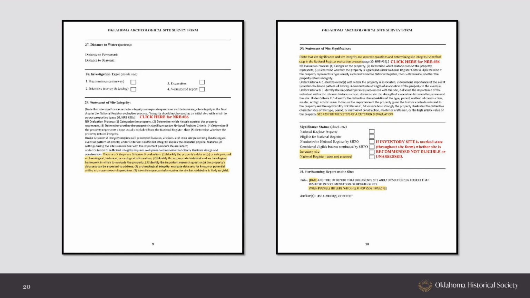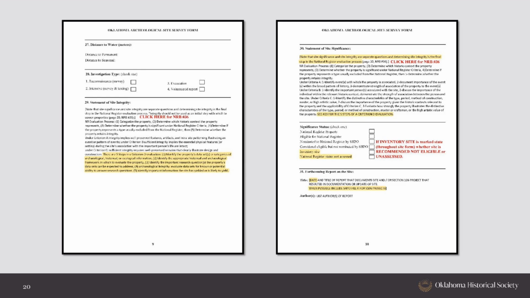So if you have questions, you can reach out to me about that, and I'll get that information to you. You can also review our National Register database and our determinations of eligibility to see if you can find archaeological sites in your project area that have been listed or determined eligible in the past.